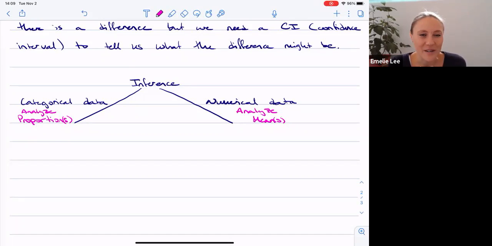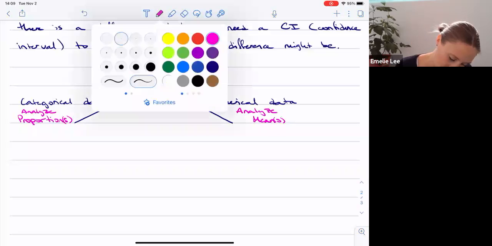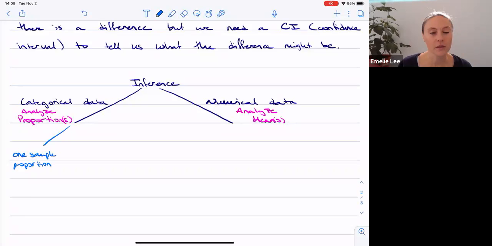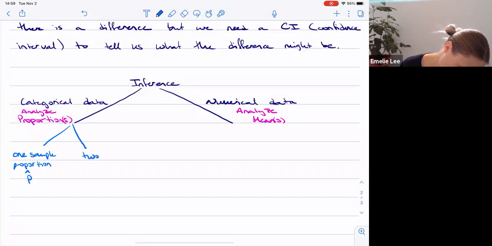All right, so for categorical data, we talked about, okay, well, we can have one proportion, one sample proportion, p hat. Okay. We could have two sample proportions.